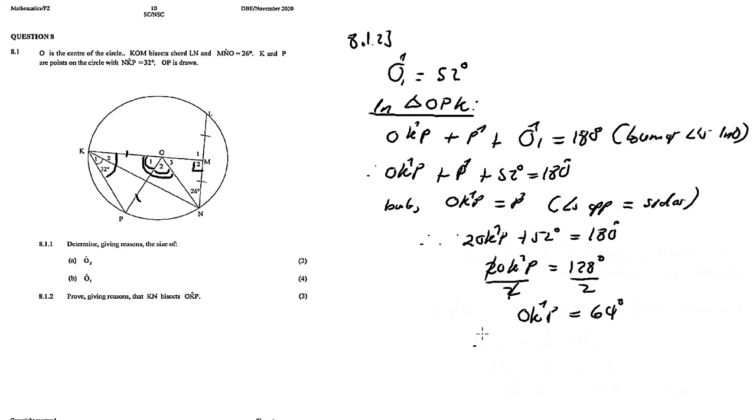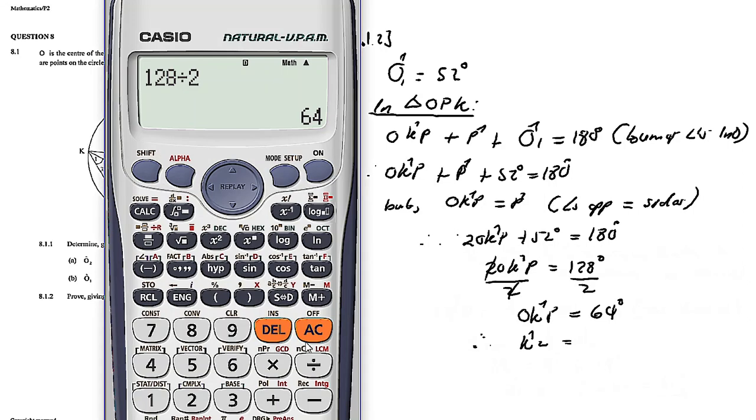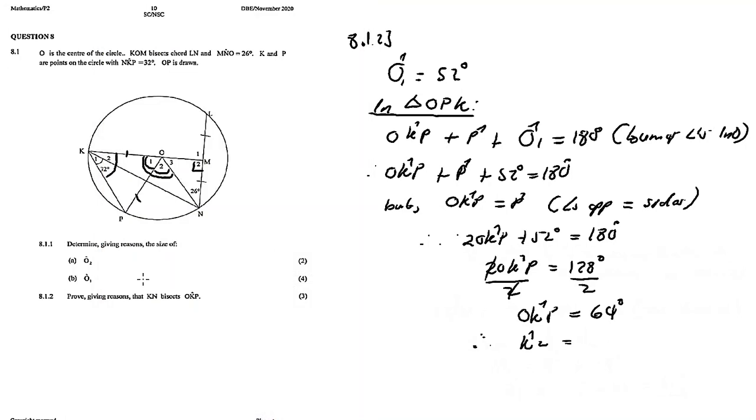So therefore K2 will be equal to 32, since 64 minus 32 is equal to 32. Why minus 32? Because K1 is 32, and K1 plus K2 must give us OKP. So OK2 is equal to 32 degrees.